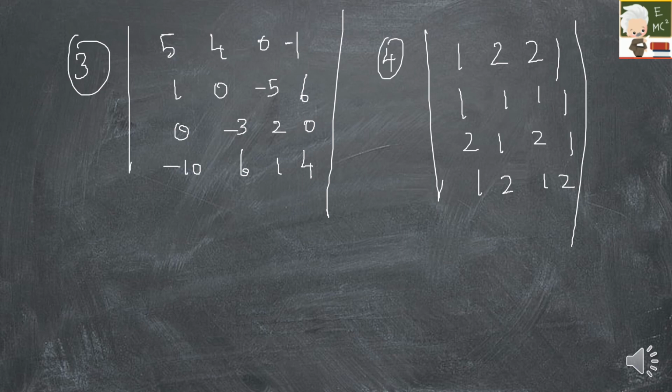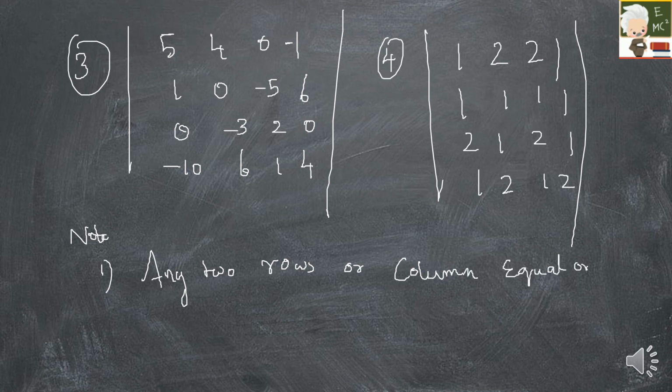And I have a few notes. First, if any two rows or columns are equal or identical, then your determinant will be 0. Just try to remember all these notes, because sometimes, instead of spending much time on a problem, if you remember these notes, you can save a lot of time.